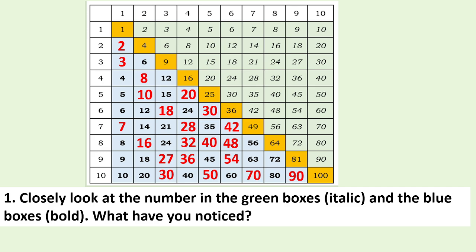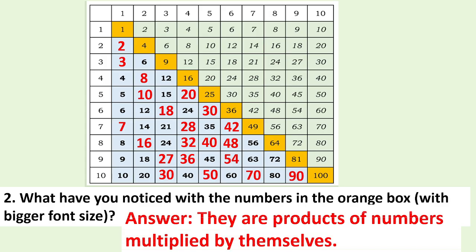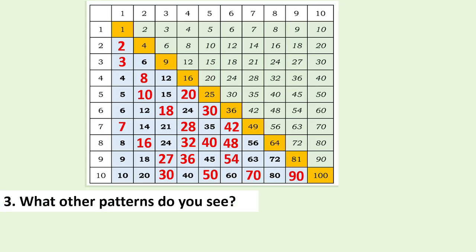What have you noticed? Answer: same numbers. What have you noticed with the numbers in the orange box? Answer: they are products of numbers multiplied by themselves. What other patterns do you see?